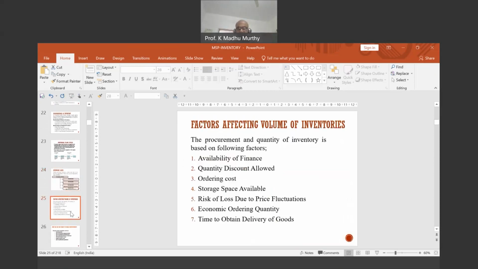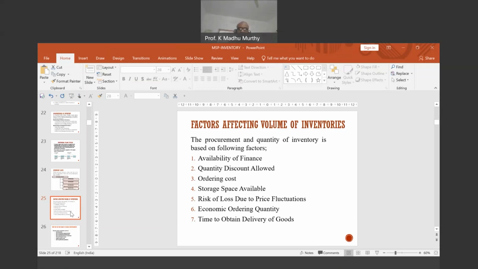Then the factors affecting the volumes of inventories, as we have been trying to understand, are the resources that are available, availability of finance, the discounts that are allowed by the suppliers, the cost that we incur for processing every time we place an order, the space that is available for us and the cost of space that we may have to incur, and risk of loss due to price fluctuations.